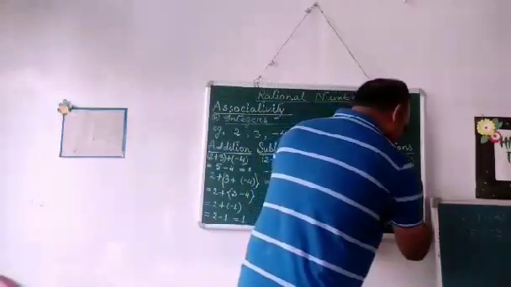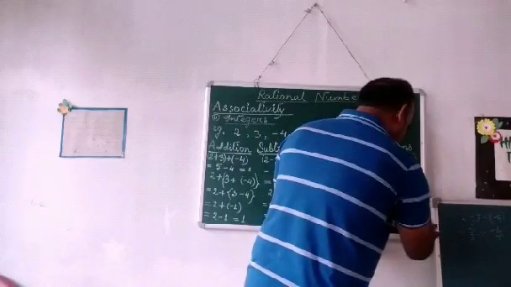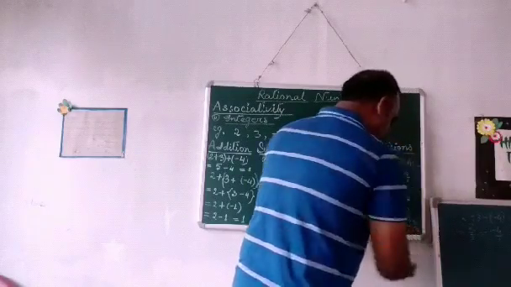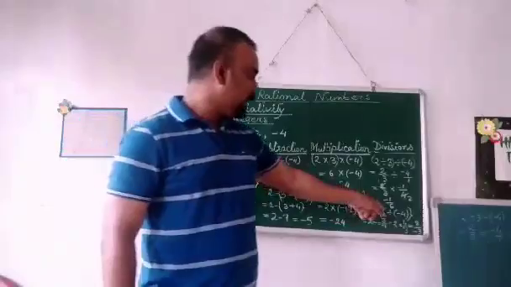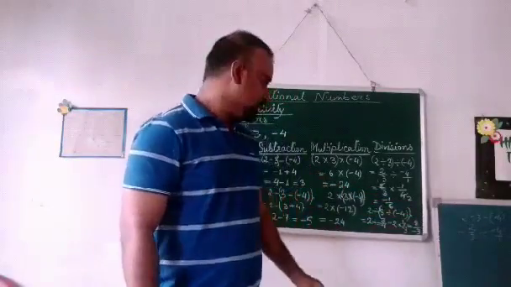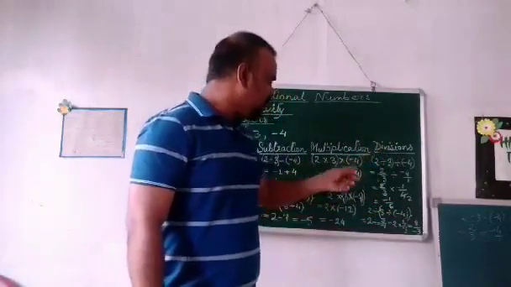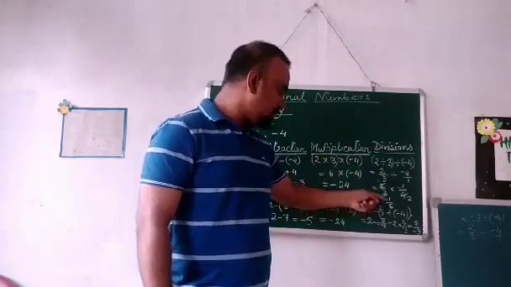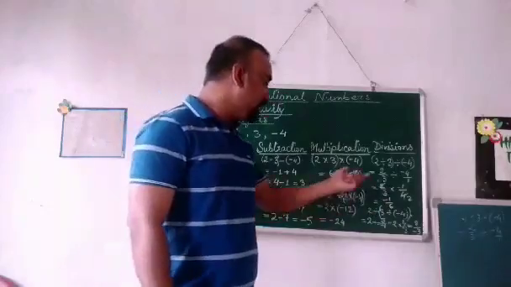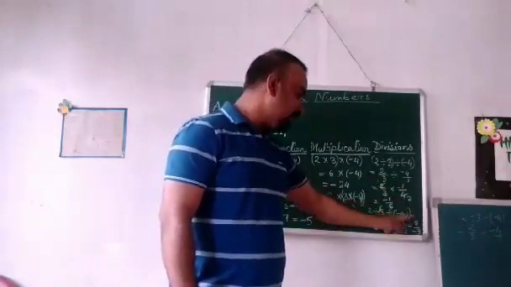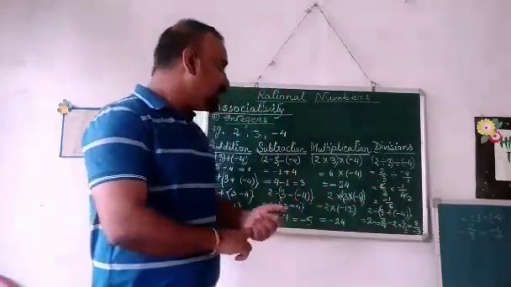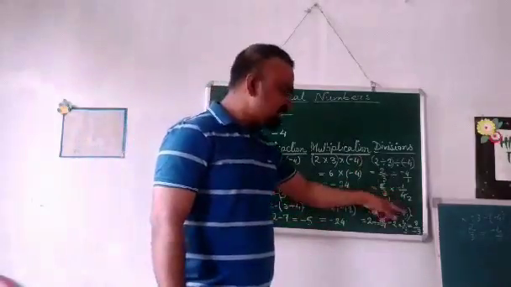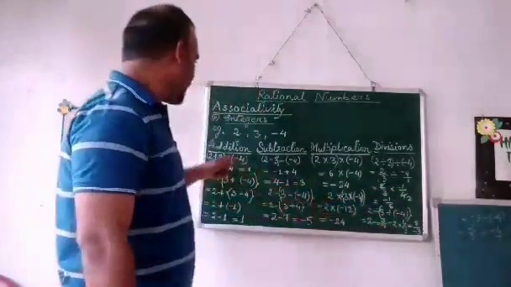Now the final answer of this one will become 8 by minus 3. So the same numbers were combined in different styles. One answer was minus 1 by 6, and when it was combined the other way, the answer became 8 by minus 3. So therefore, we can say for division the answers are coming differently.